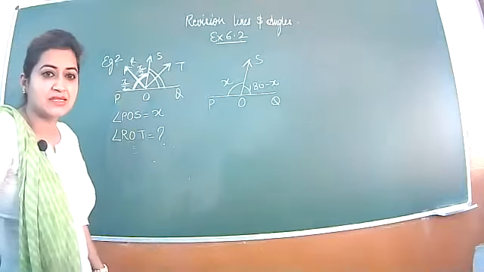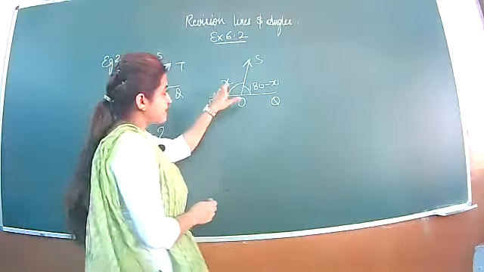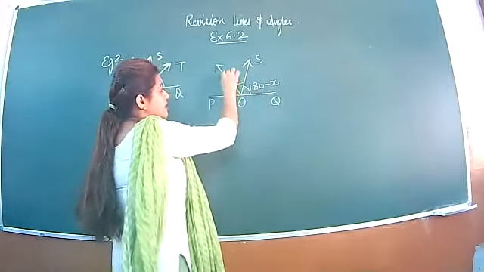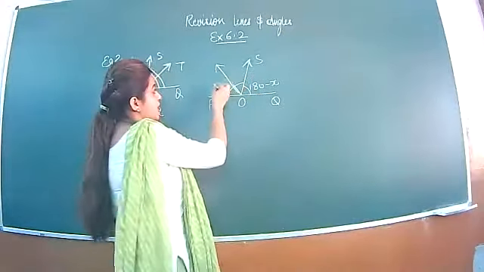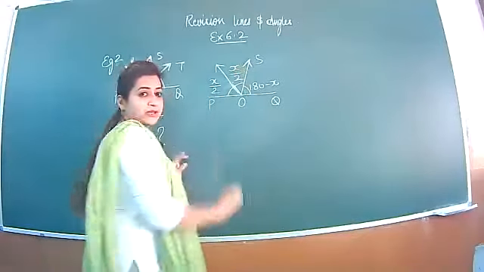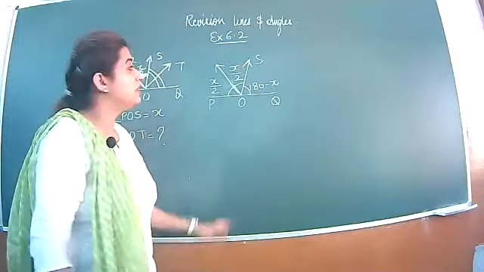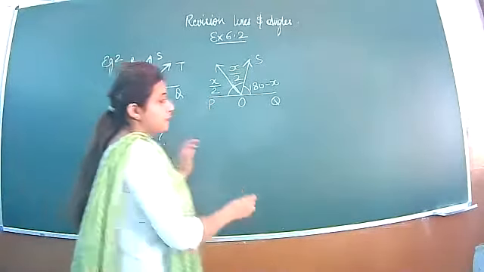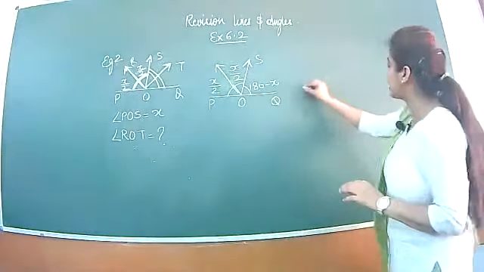Actually, this angle is x. There is a ray that divides this angle x into two equal parts. So this is x by 2, this is x by 2. I'm constructing the figure again.